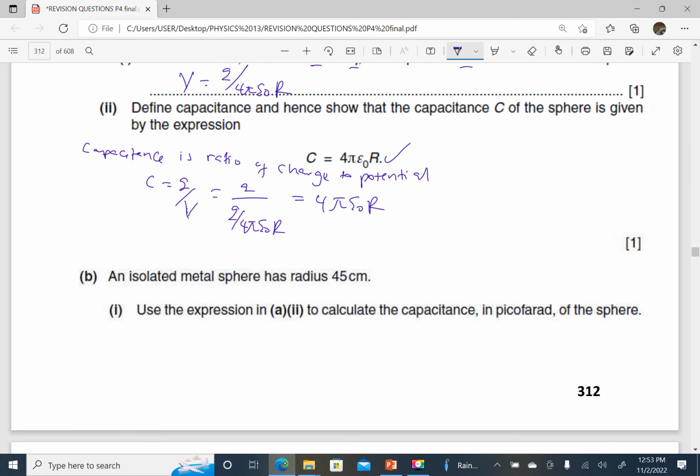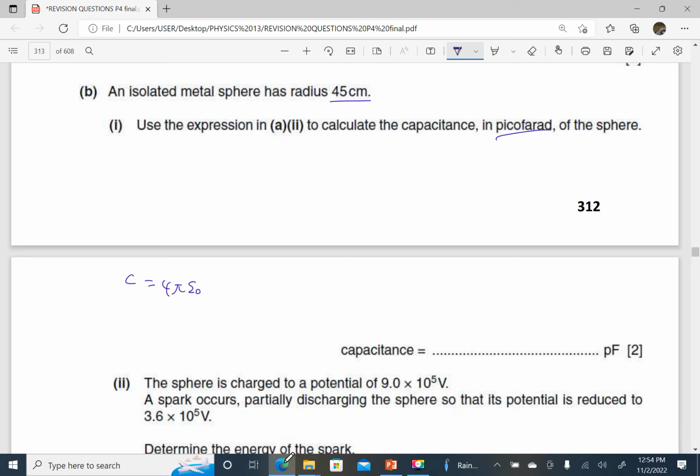An isolated metal sphere has a radius 45 centimeters. Use the expression in A to calculate the capacitance in picofarads. So capacitance is going to be 4 pi epsilon naught times R. So this is 4 pi times epsilon naught is 8.85 times 10 power negative 12, permittivity of free space.